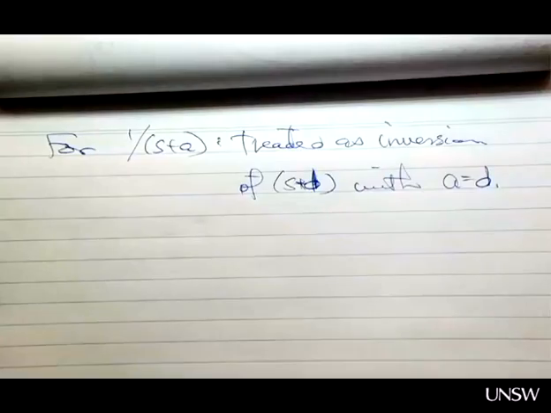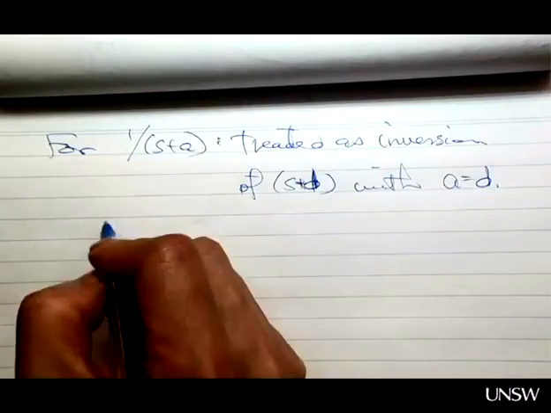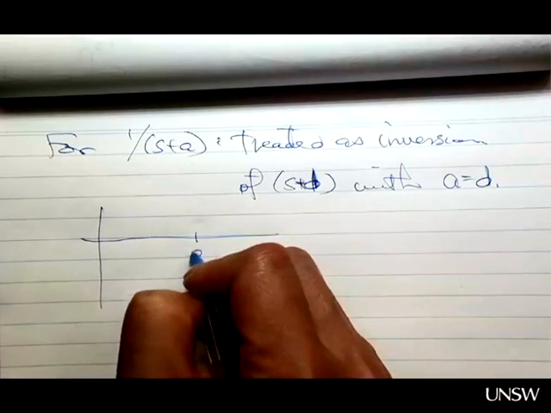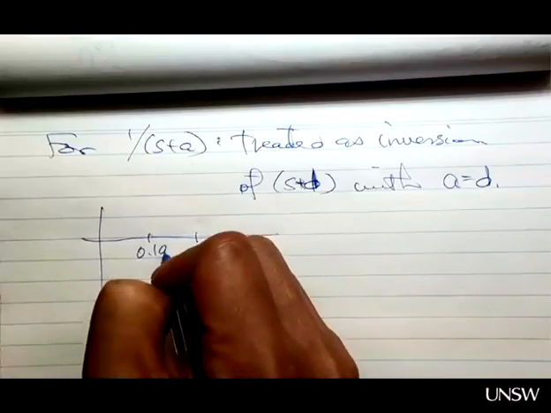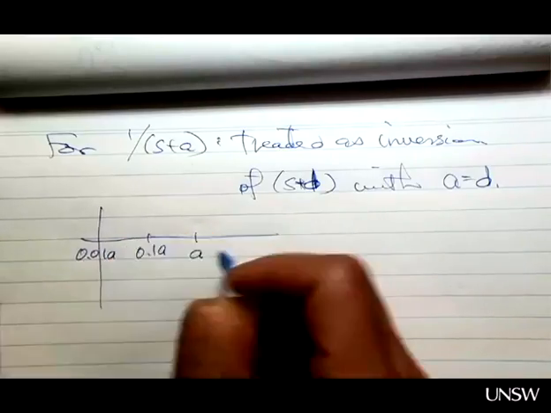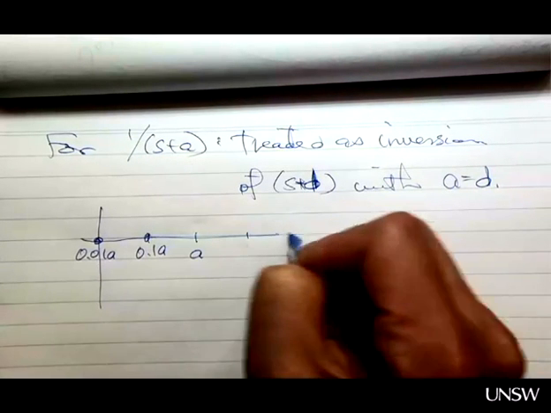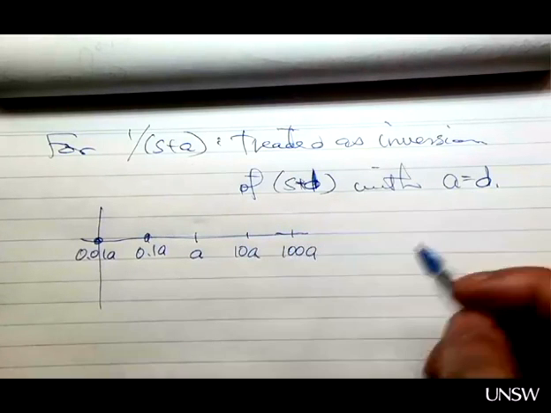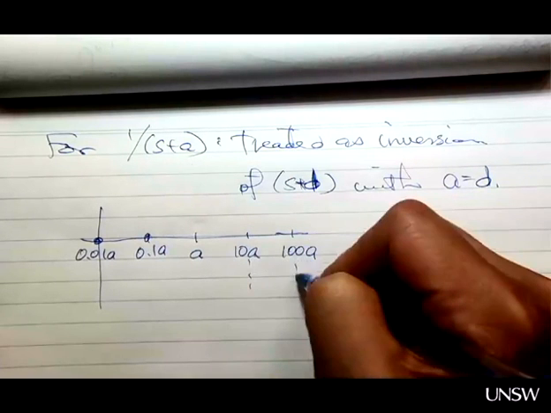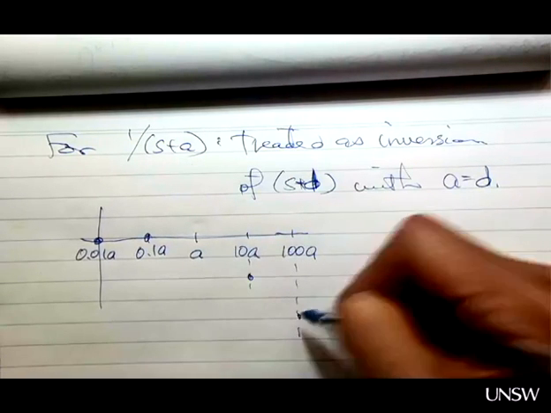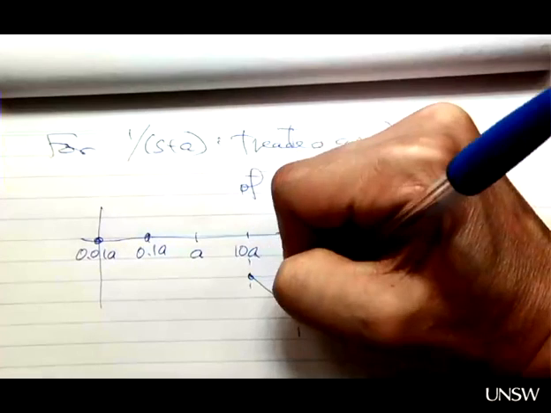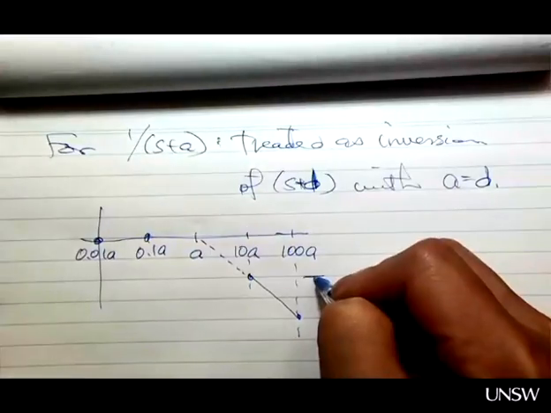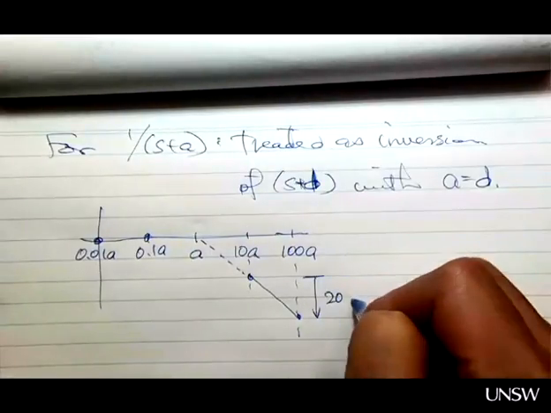For the magnitude, we have a, 0.1a, and 0.01a with no change, and then for 10a and 100a, we have the inversion from positive to negative, and the difference is still 20 decibel per decade.